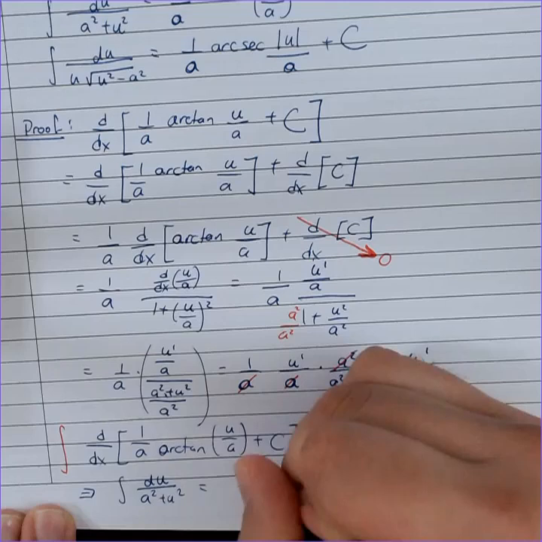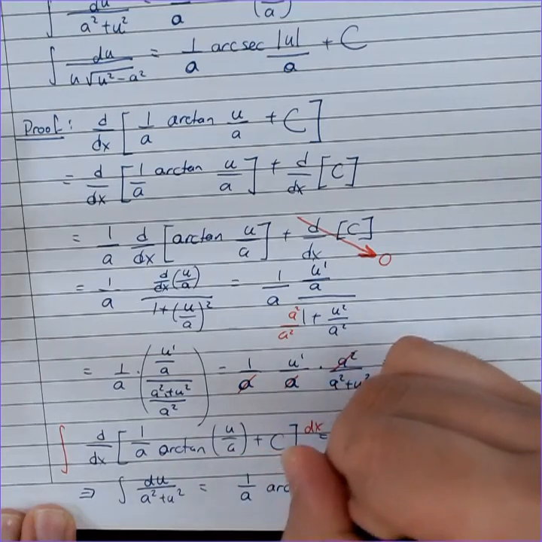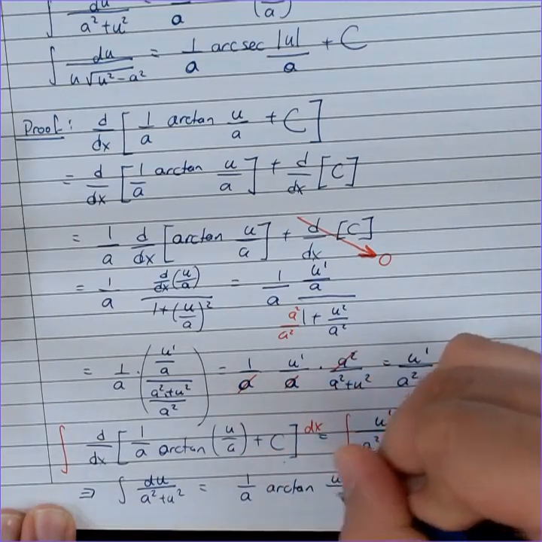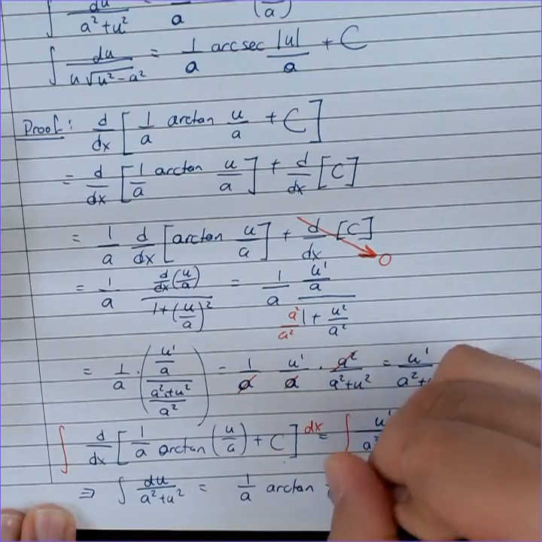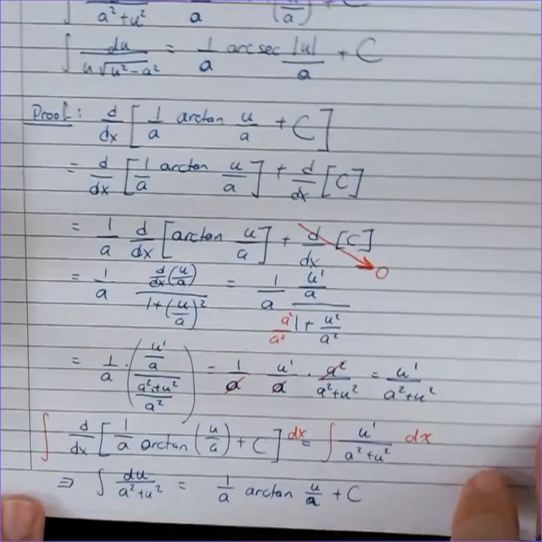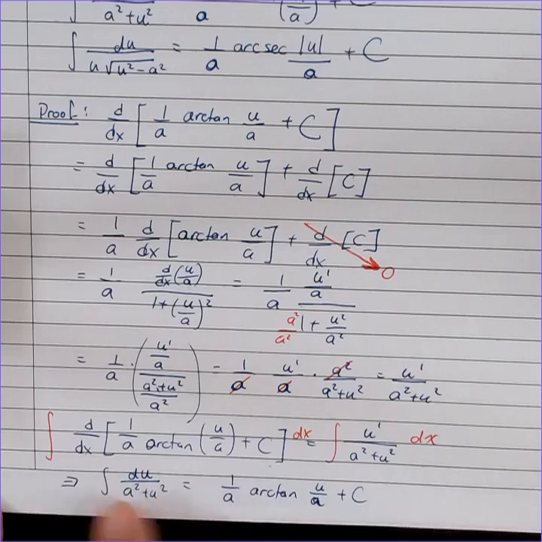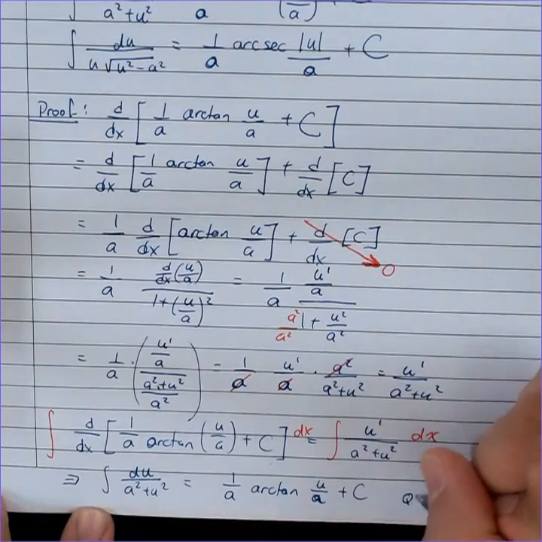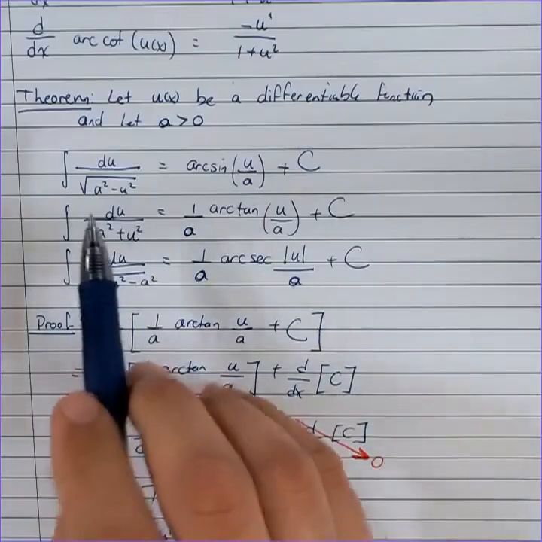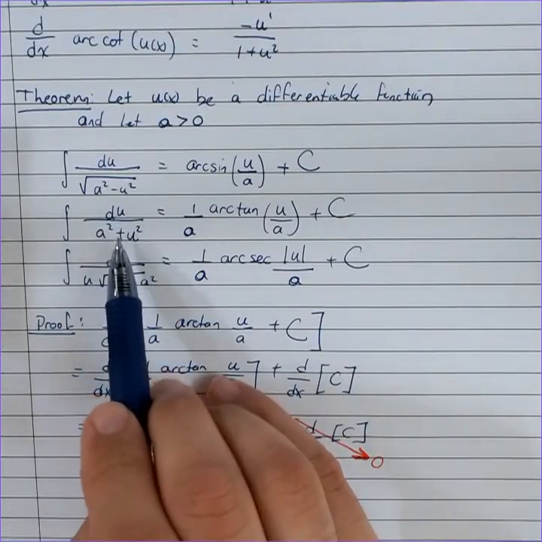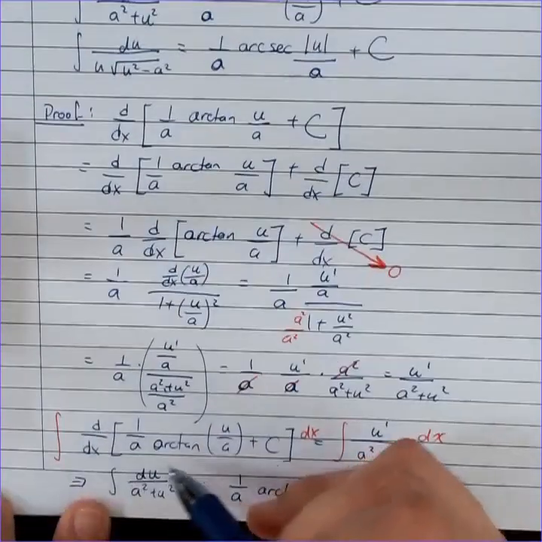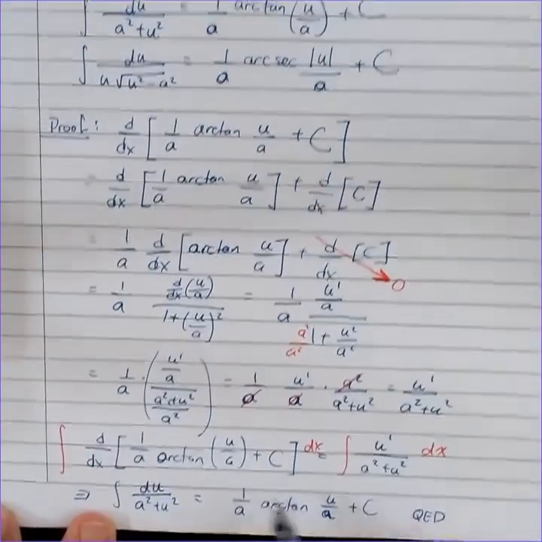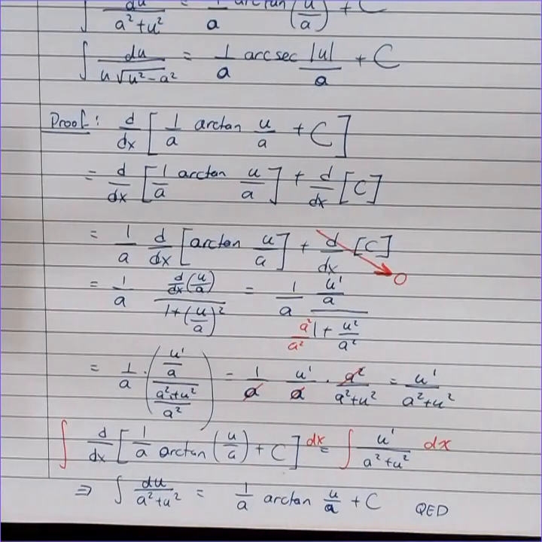So that's going to be 1 over a arctangent of u over a plus some constant, which is, of course, a typical constant of integration. So that concludes our result. That shows that the integral of du over a squared plus u squared is equal to 1 over a times the arctangent of u over a plus the typical constant of integration. And that makes us happy.